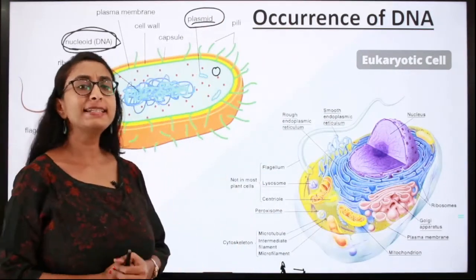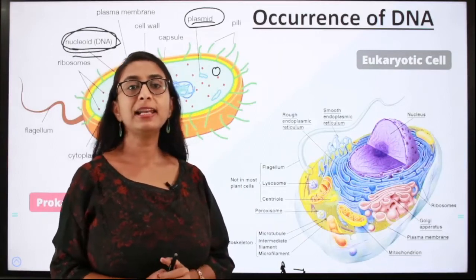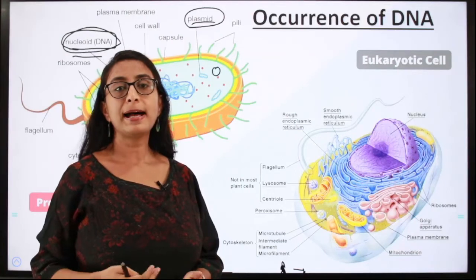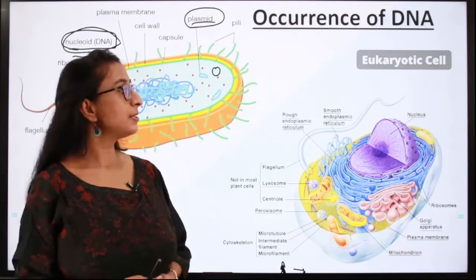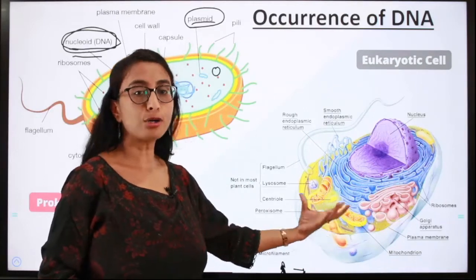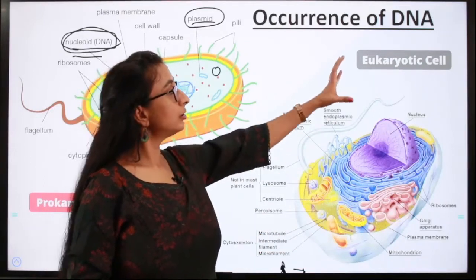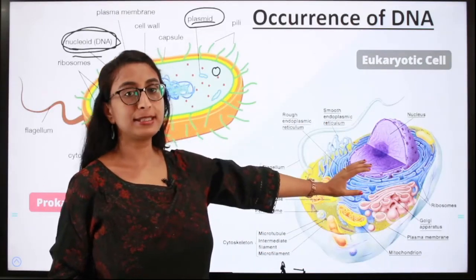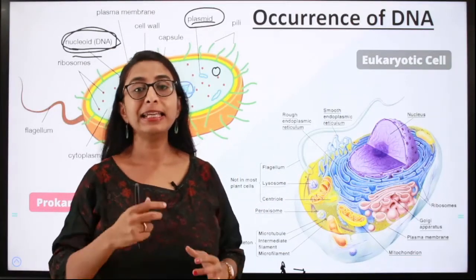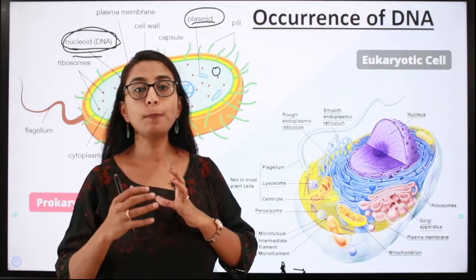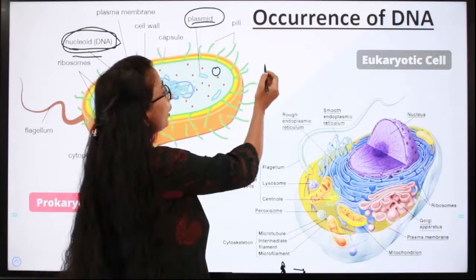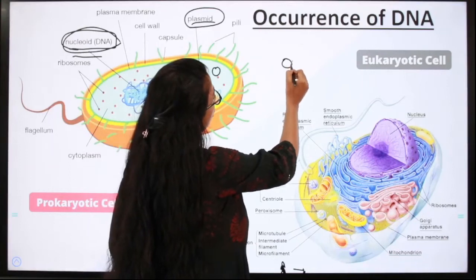Next, moving on to the eukaryote. The eukaryotic cells are present in higher organisms, isn't it? So all plants, animals and higher organisms have eukaryotic cells which have very well defined organelles. So how is the DNA present in a eukaryotic cell? In a eukaryotic cell, you can find that the DNA is present as a complex along with proteins called as histones. So you have a histone octamer.